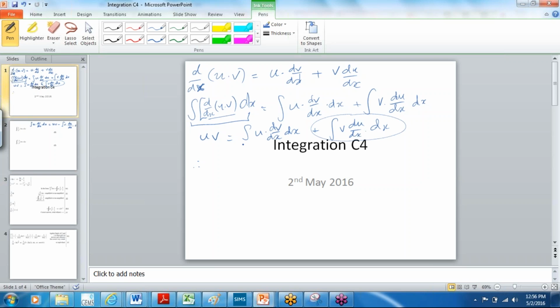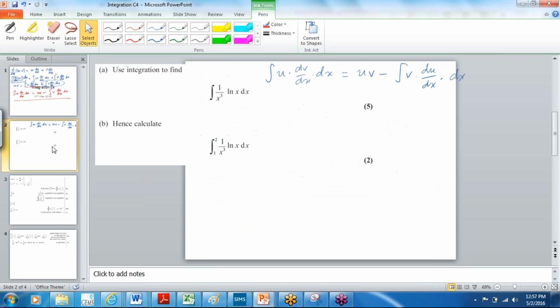The integral of u dv/dx with respect to x equals uv minus the integral of v du/dx with respect to x. So here we have the formula that we're using today.